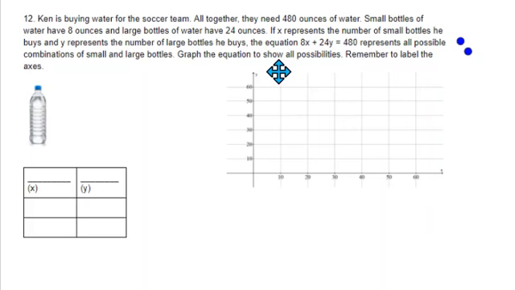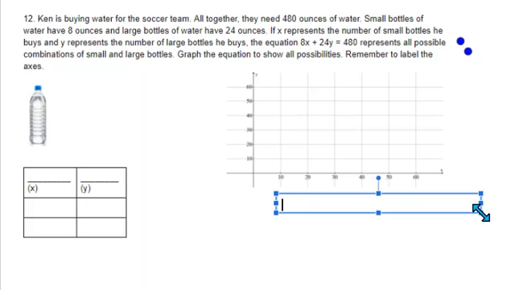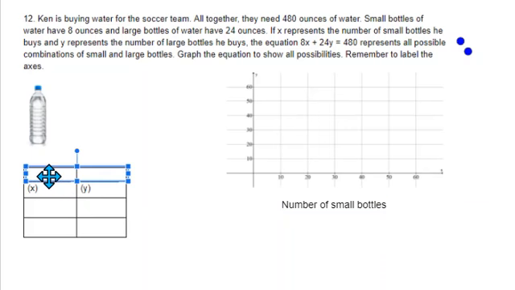So we not only have to label the axes, but this time we also have to label our table. So it says X is the number of small bottles. So on the x-axis, I need to label it number of small bottles. And then also up here, I need to write small bottles for the X. All right, and then it says Y represents the number of large bottles.